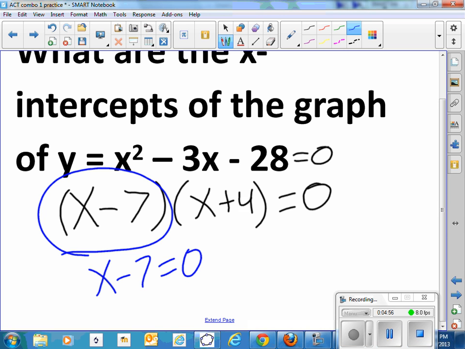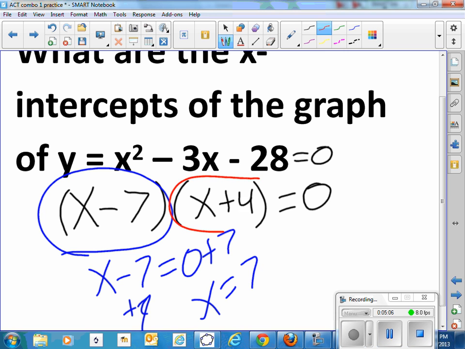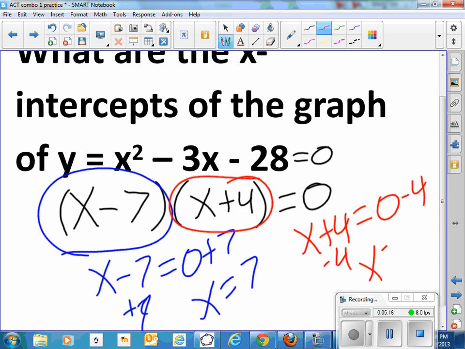Let's solve. We add 7 to each side, so x equals 7. If it was this one, x plus 4, then x plus 4 equals 0. Solving, x would be equal to negative 4.